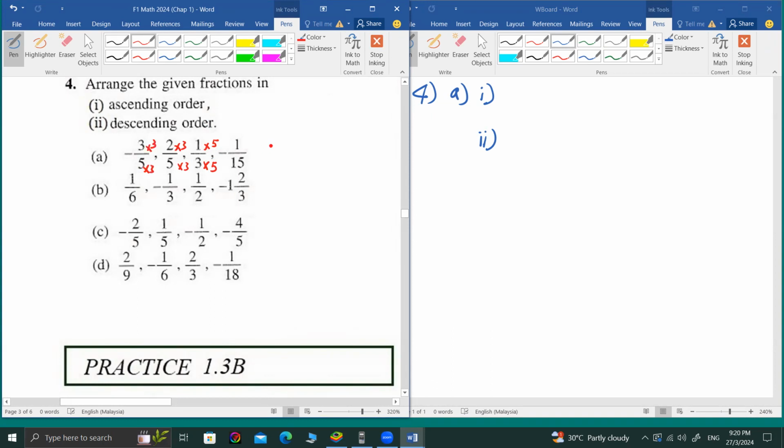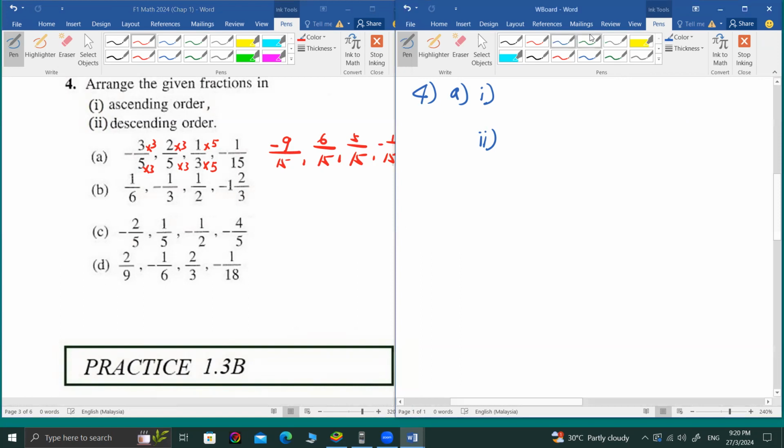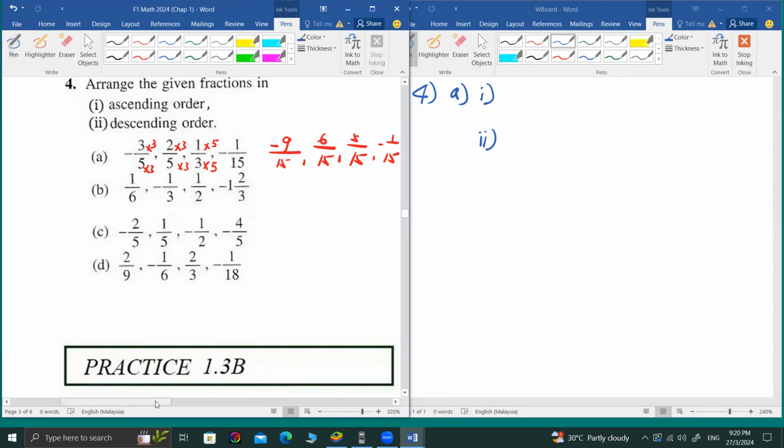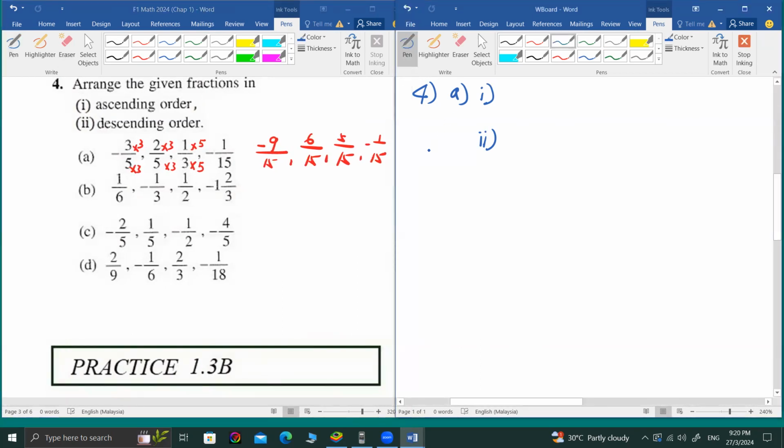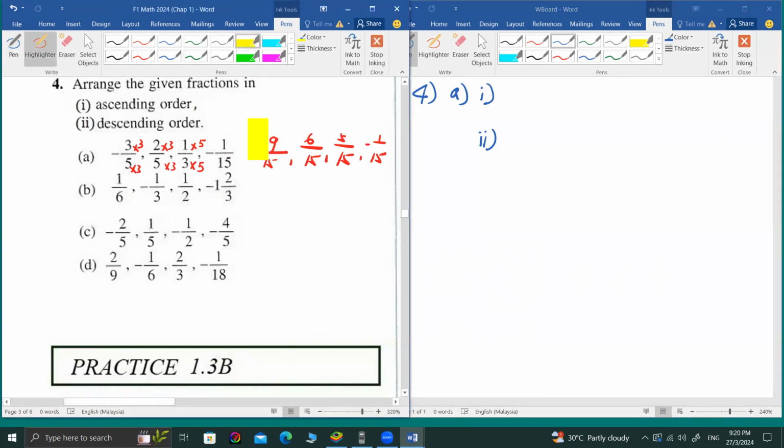So checking, 9 per 15, 6 per 15, 5 per 15, negative 1 per 15. So, okay, what I want you to write is, you follow my one to see which one smaller. Right, which one smaller? We see the negative one first. See the negative one first.